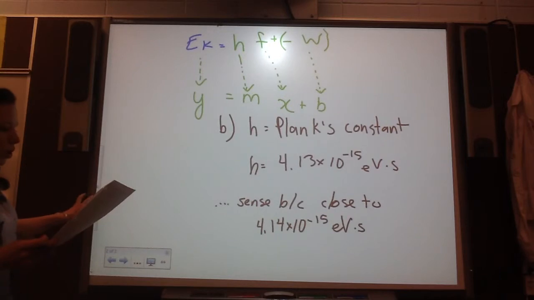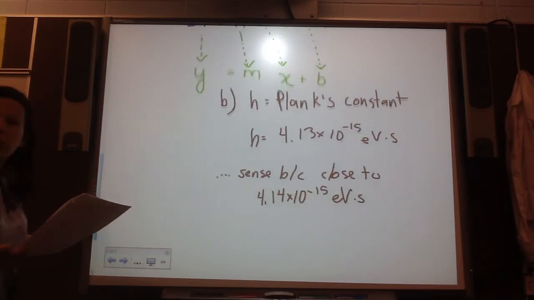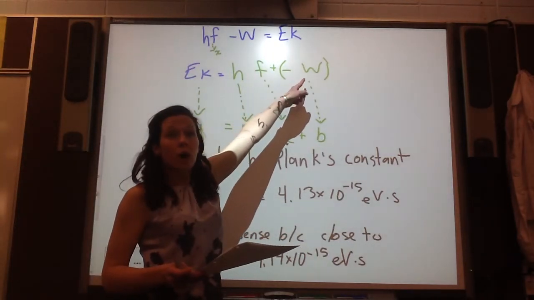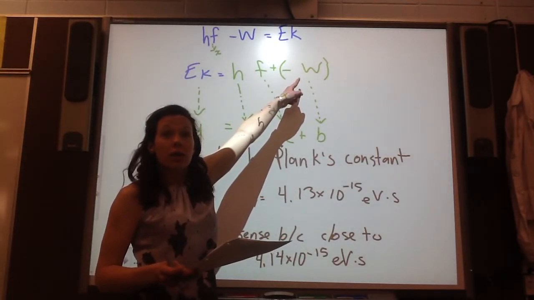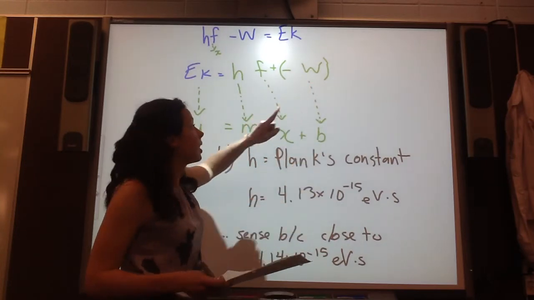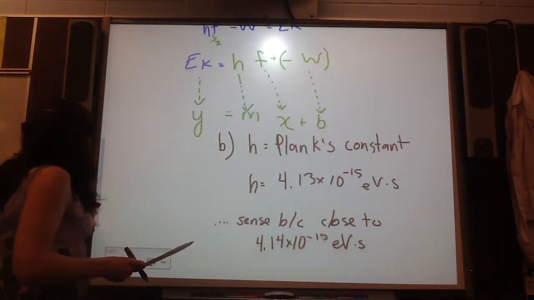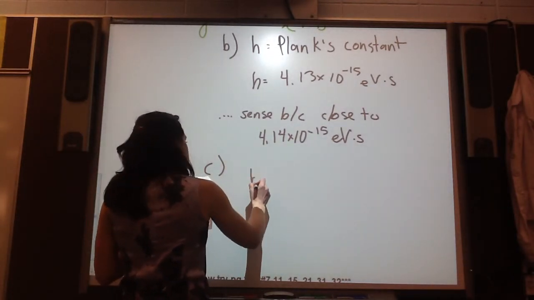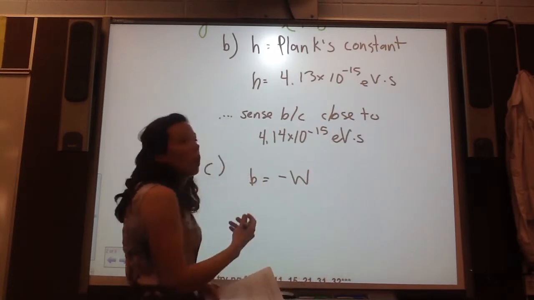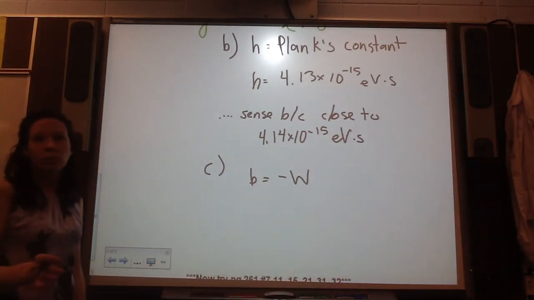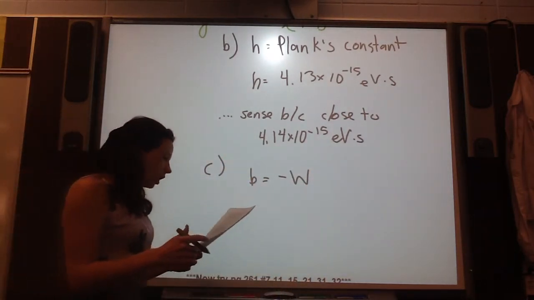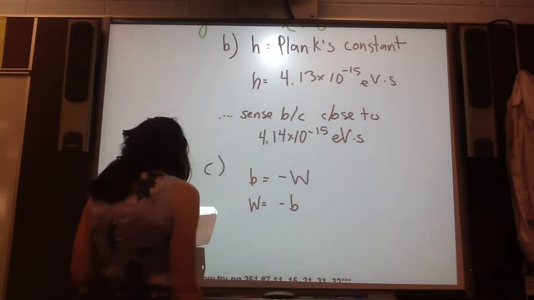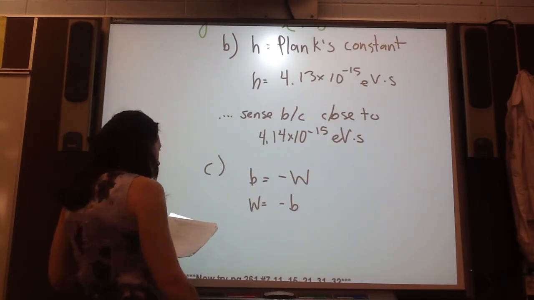Now it says, use your graph to determine the work function of the metal surface. Well, negative work function is our y-intercept. So for C, our b is equal to negative W. Our y-intercept is negative W, and we're looking for the work function, so W is equal to negative b.